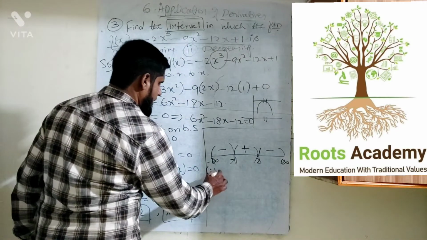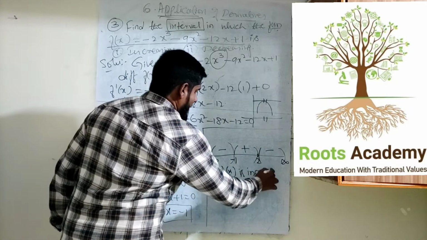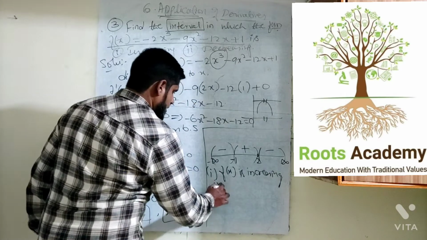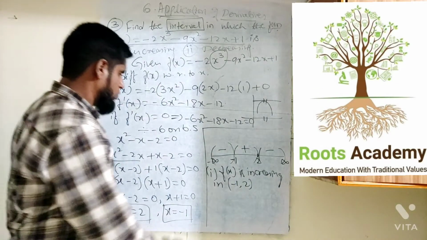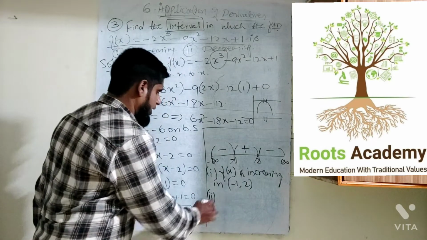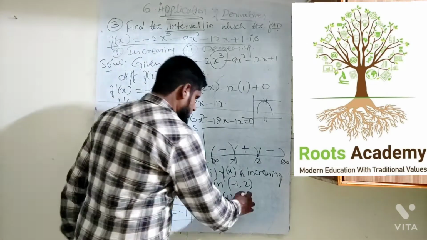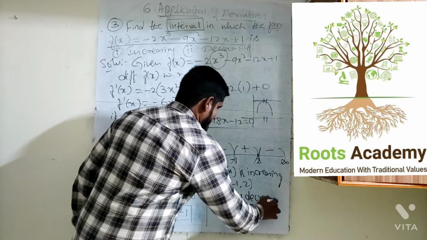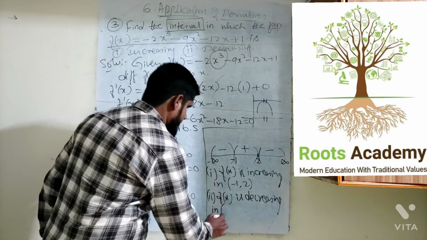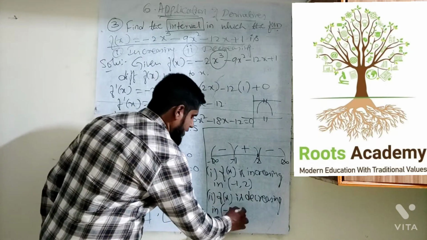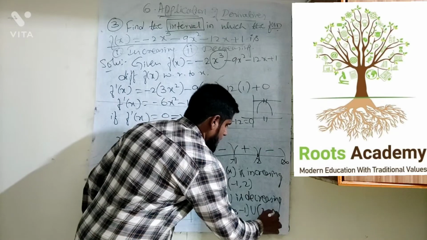So first one, f of x is increasing in the interval -1, 2. Second, f of x is decreasing in the interval -infinity, -1 union 2, infinity.